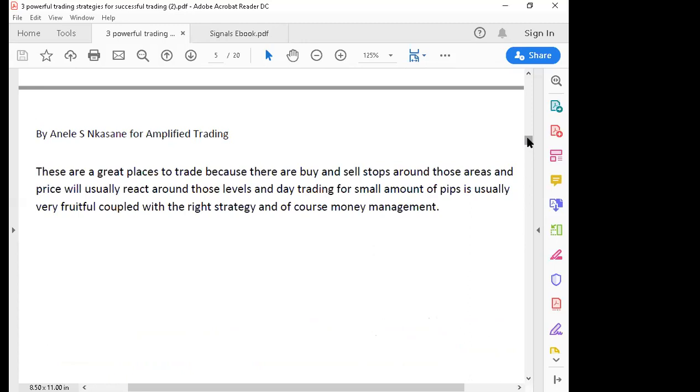Using just the big figures. You don't use anything else. You don't use any prior analysis to get your trading decision. You just look at where the price is and where the next big figure actually is, and then you just set very small stops and very small take profits, and you'll be able to scalp effectively and just make some pips on a day-to-day basis.